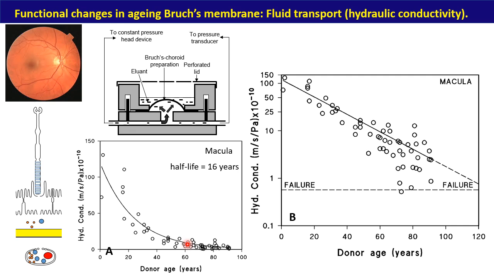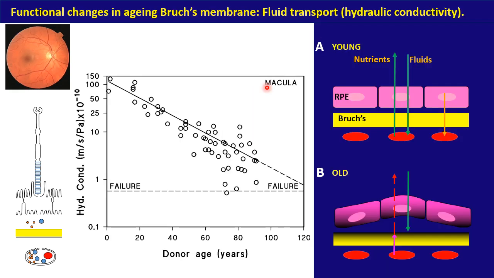This hydraulic conductivity data is normally presented as a semi-log plot as shown in panel B. Note that these are normal donors, but some of them are already beginning to drift towards the failure threshold. On the hydraulic conductivity plot, the failure threshold, shown here, represents the minimum hydraulic conductivity of Bruch's required to remove the fluid deposited by the RPE.